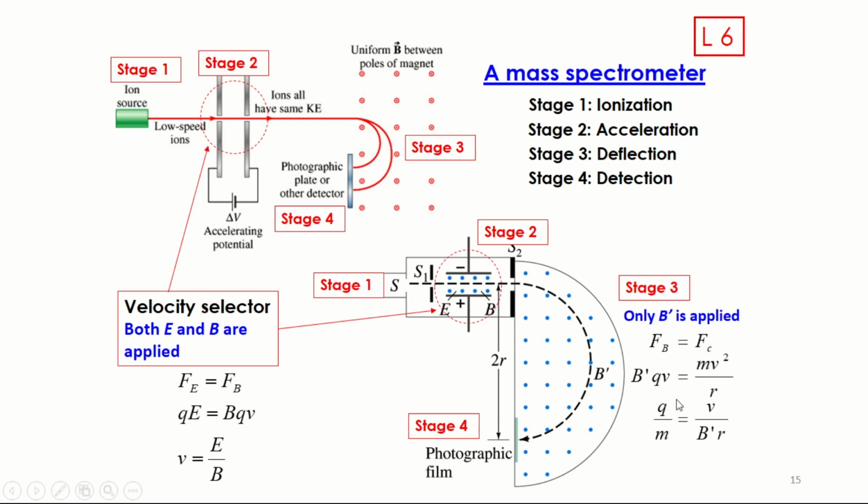So you get Q per m equals V divided by B r. In stage 2 we use B for the magnetic field, but in stage 3 we use B prime.